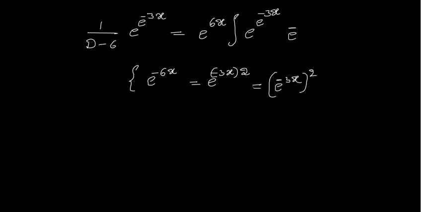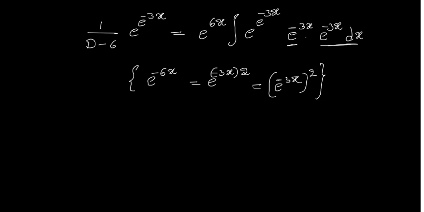So using this technique, this is how I'll write it: e power minus 3x into e power minus 3x into dx. You're supposed to have e power minus 6x; that only I have written as two parts. Why? Because the moment I assume u equal to e power minus 3x, this will become u, and this one will become du.